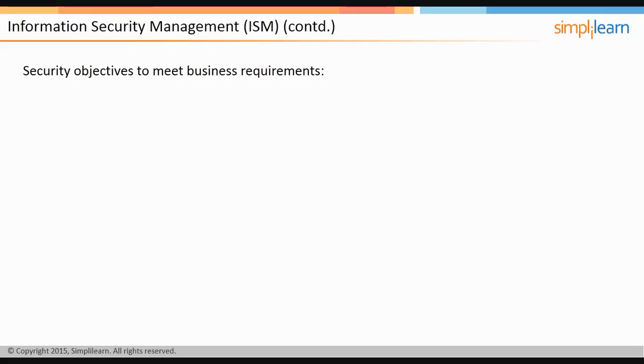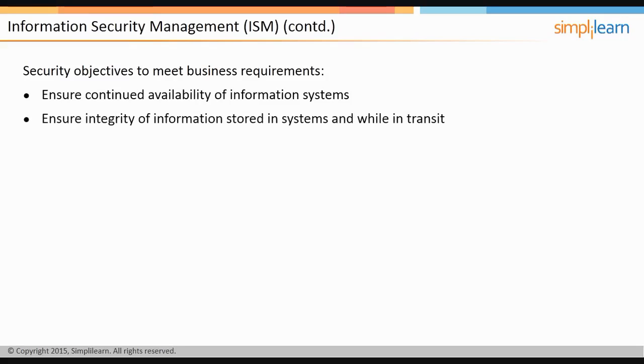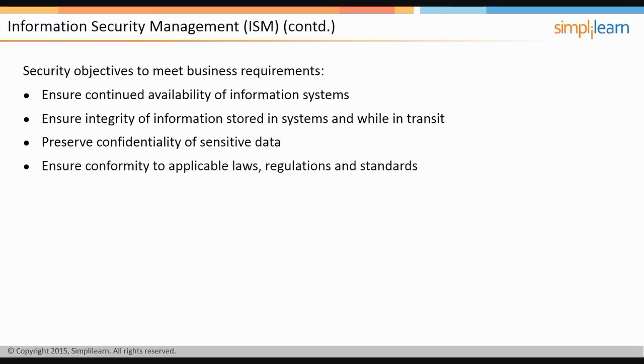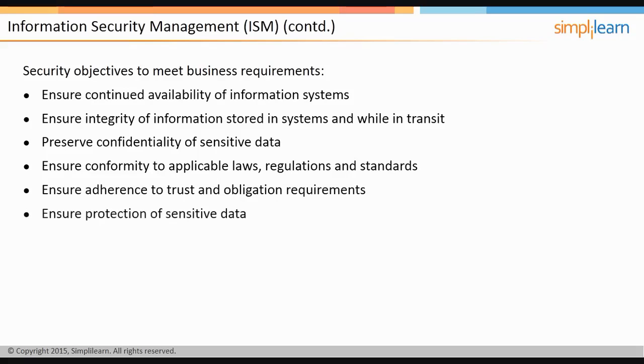The security objectives to meet business requirements are to ensure continued availability of information systems, to ensure integrity of information stored in systems and while in transit, to preserve confidentiality of sensitive data, to ensure conformity to applicable laws, regulations, and standards, to ensure adherence to trust and obligation requirements, to ensure protection of sensitive data.